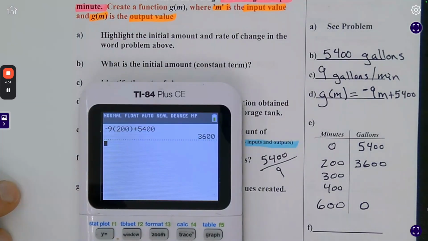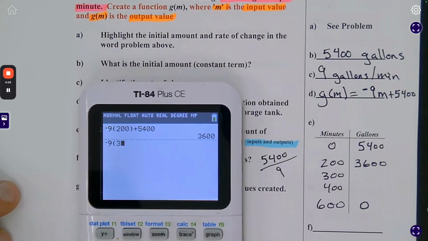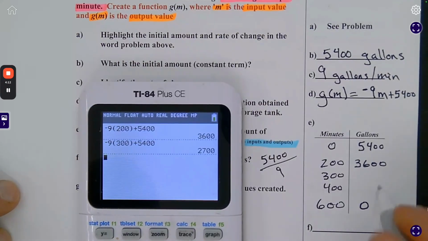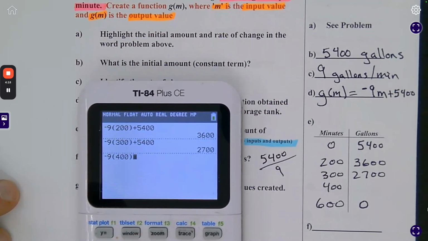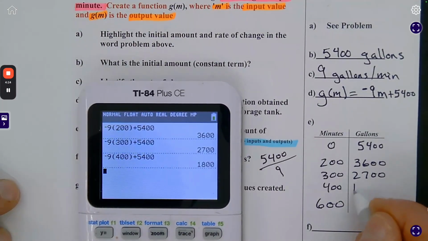All right, let's do it again. But this time I want to know how many gallons are left after 300 minutes. That would be 2,700 gallons. And then the last one I'm going to do is negative 9 times 400 minutes, sorry. And that will tell me the number of gallons left, 1,800.